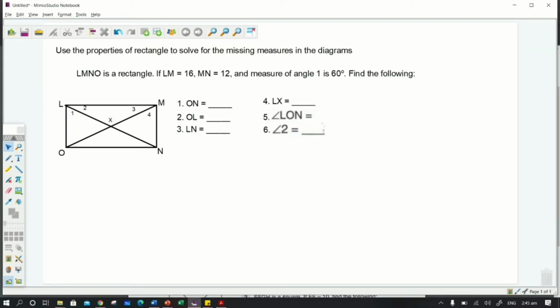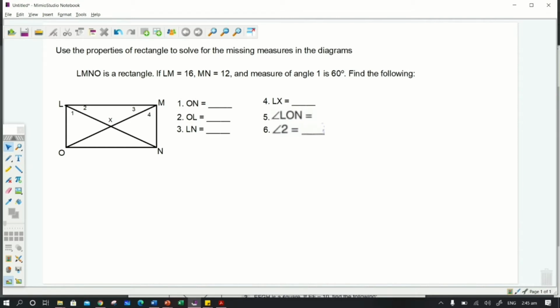Okay, since na-discuss ko na in my previous videos yung different properties of rectangle, we're going to apply it in this lesson. So we're going to use the properties of rectangle to solve for the missing measures in the diagram. So in our figure, we have LMNO is a rectangle, and if side LM is equal to 16, then MN or side MN is equal to 12. And the measure of angle 1 is 60.